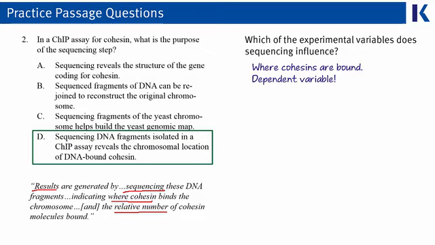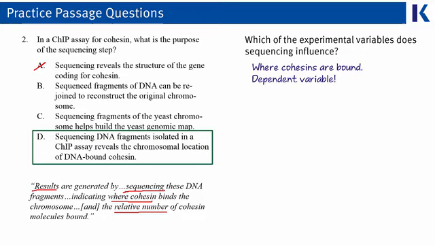A, B, and C are all great tempting trap answers because they are actually all true facts about sequencing that have just been misapplied in this question. Sequencing can be used to reveal the genetic structure of a gene coding for a certain protein.